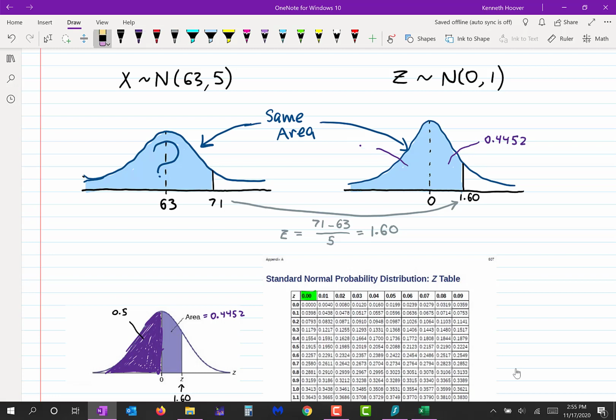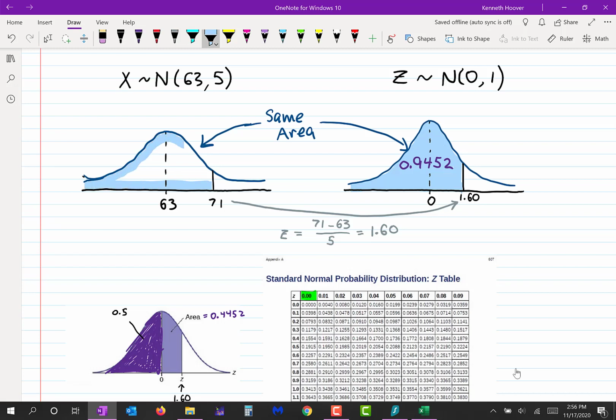So together, that whole area is 0.9452. Now, the area we're looking for is the same size.